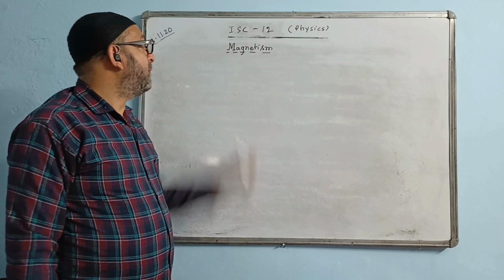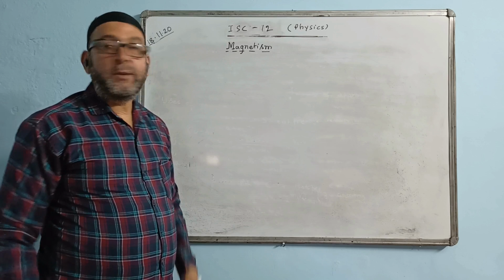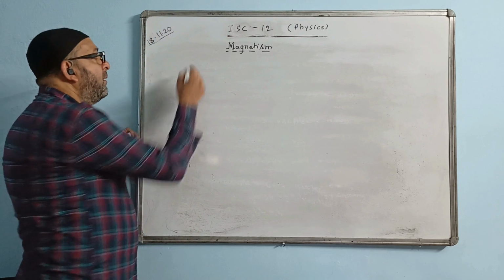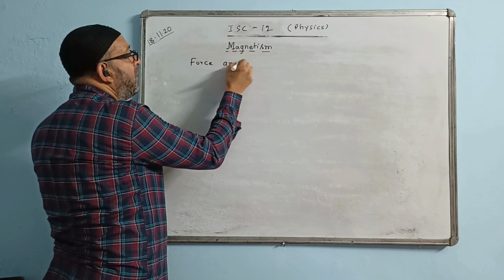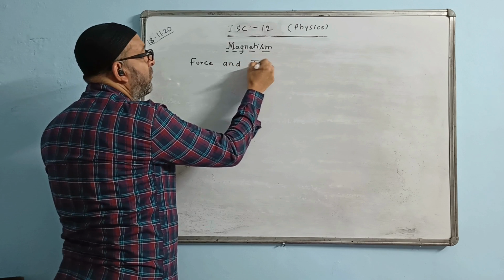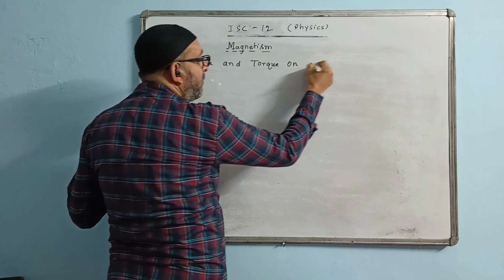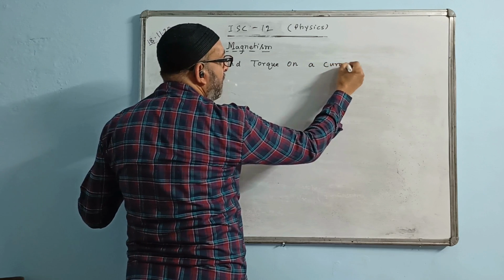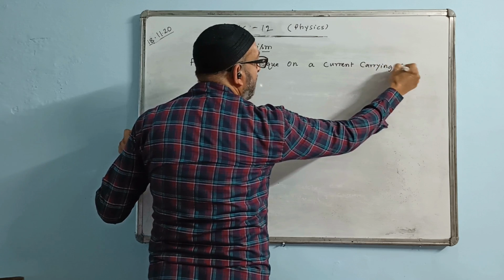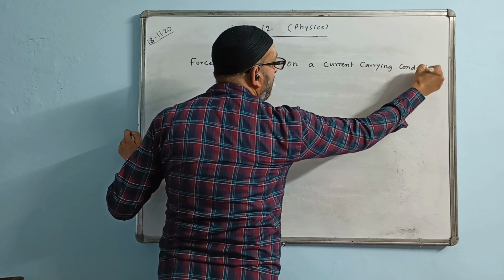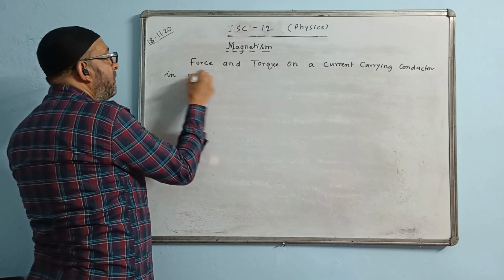We will continue with the chapter magnetism only, but a different topic. Today's topic is force and torque on a current carrying conductor in a magnetic field.